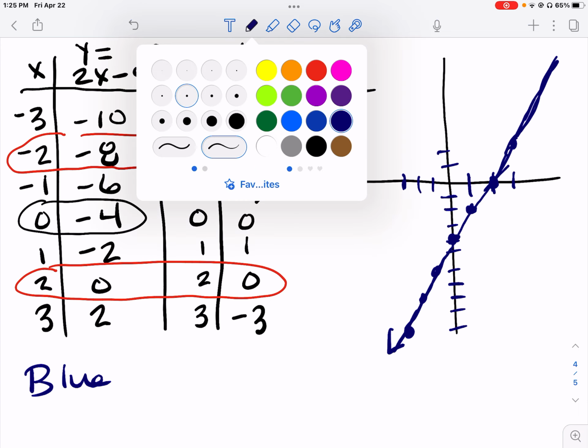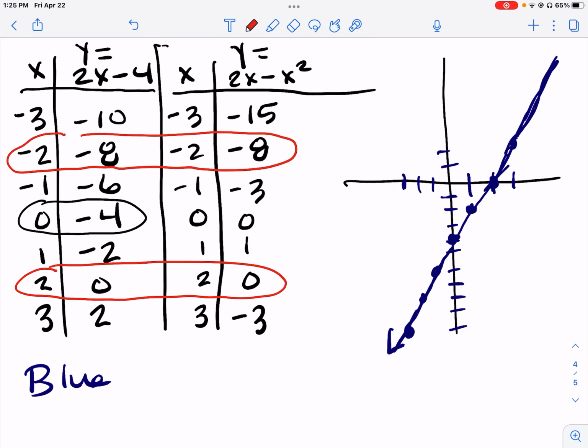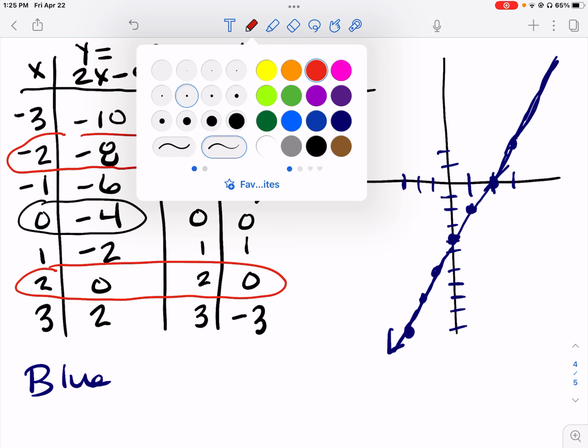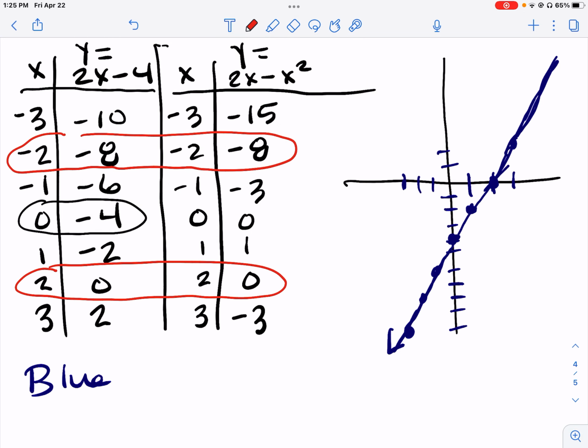Okay, let's do this one. Let's stay on red. So this is going to be red, the parabola. So I've got -3, -15. Or I really don't need to go down that far. 10, 11, 12, 13, 14, 15.